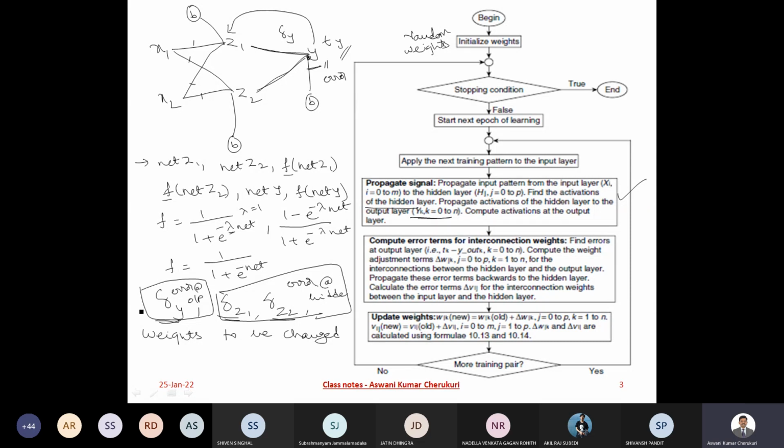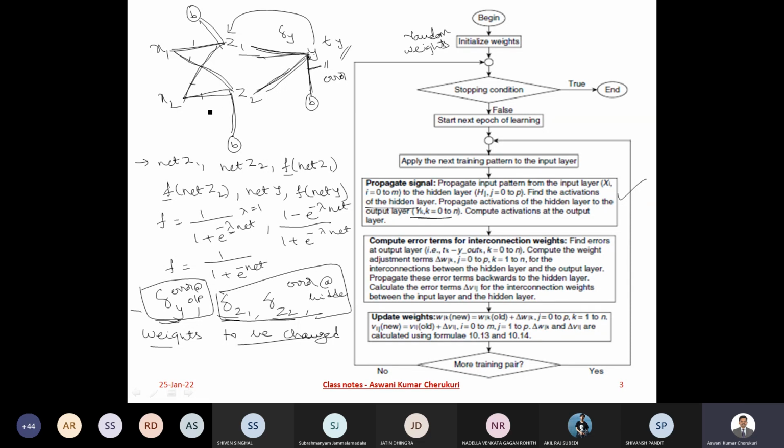Now once you have these error terms ready, your weights have to be modified. The weights between hidden to output, and the weights between input to hidden, have to be modified.